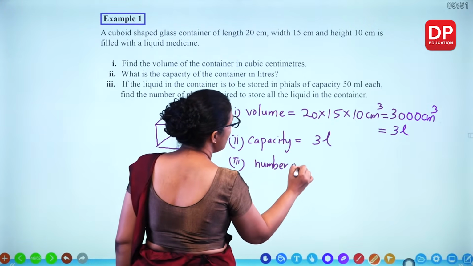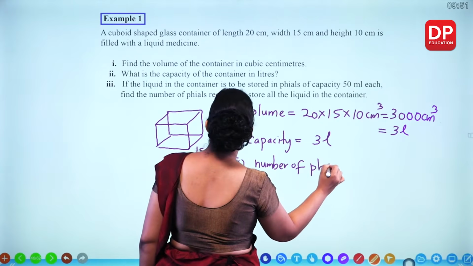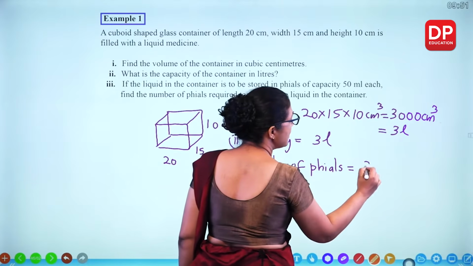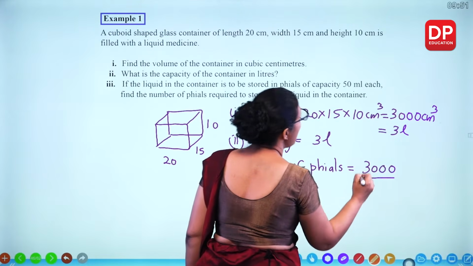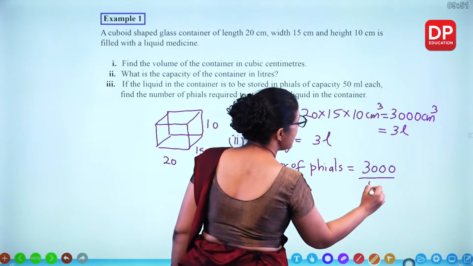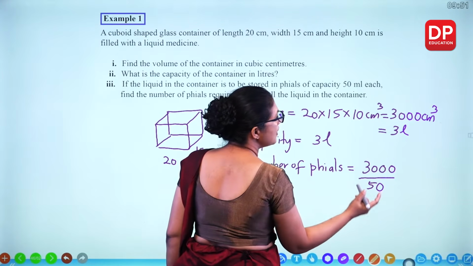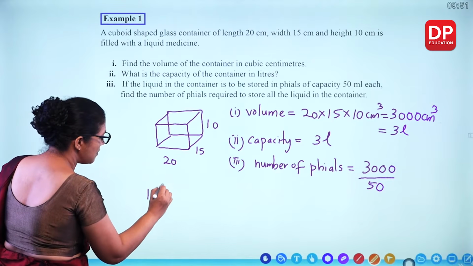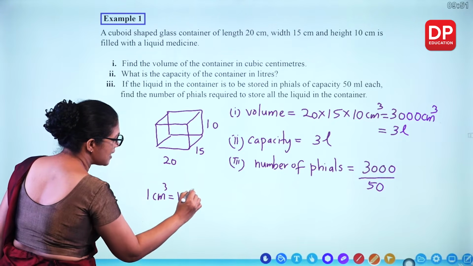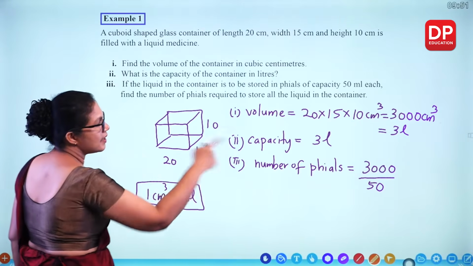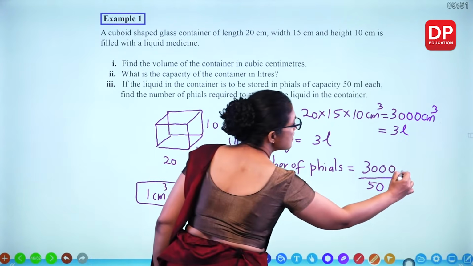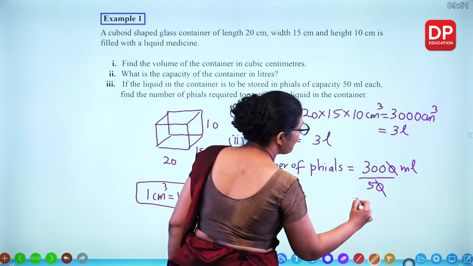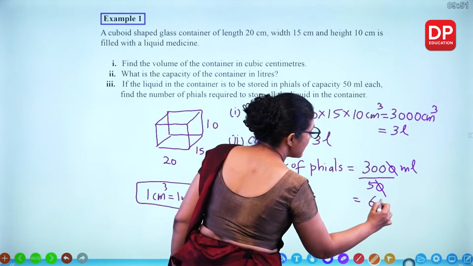Number of phials is equal to 3000 altogether, and one phial capacity is 50 milliliters. Milliliters and liters same. So 1 cubic centimeter is equal to 1 milliliter. That's why we can use this. So this is same as milliliter 3000. So here divide by 50, you get 60.